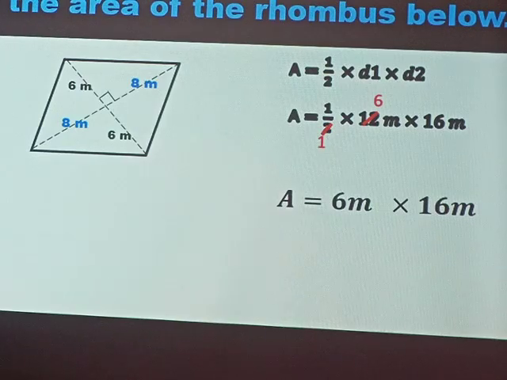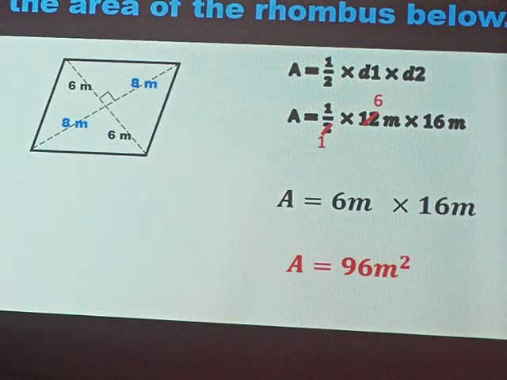And now what is the product of 6 meters and 16 meters? Make your side work. Get your answer. Your answer will come as 96 square meters. There we have used a half times diagonal 1 times diagonal 2.